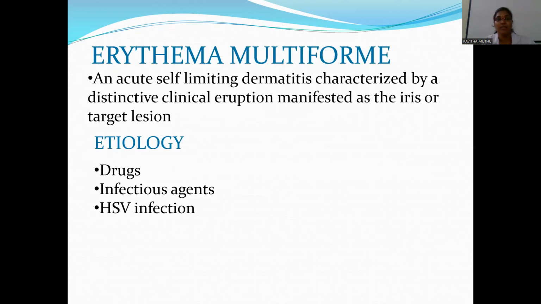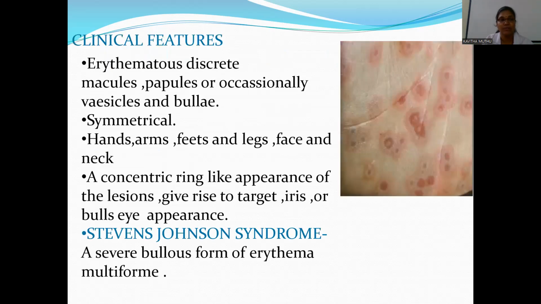Erythema multiforme is an acute self-limiting dermatitis characterized by a distinctive clinical eruption manifested as the iris or target lesion. Etiology includes drugs and infectious agents, such as HSV infection.